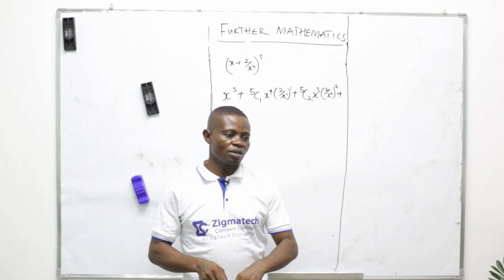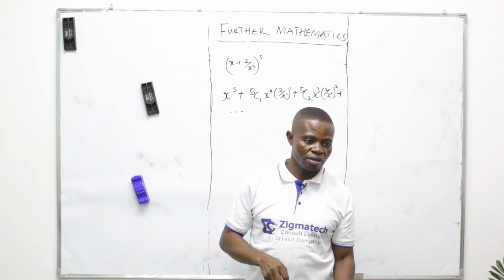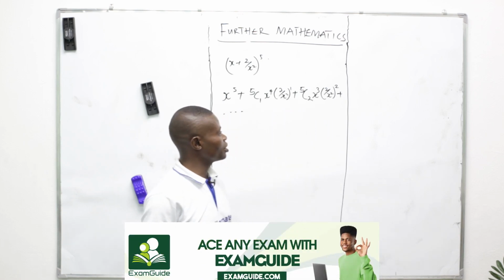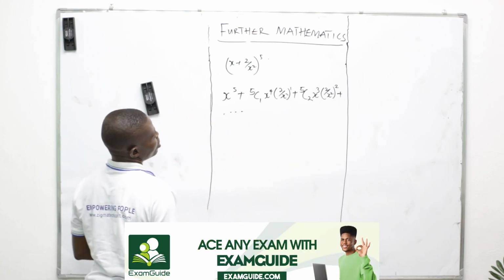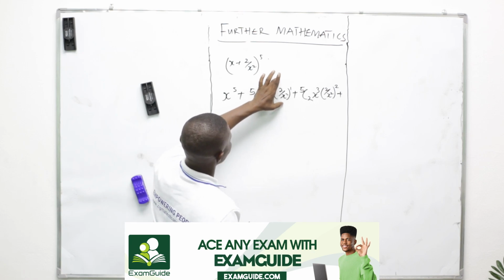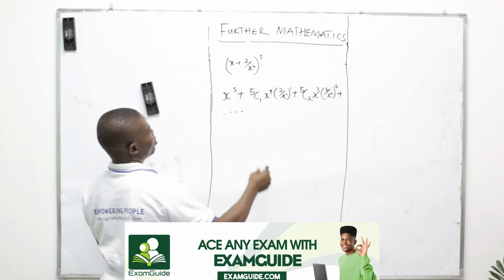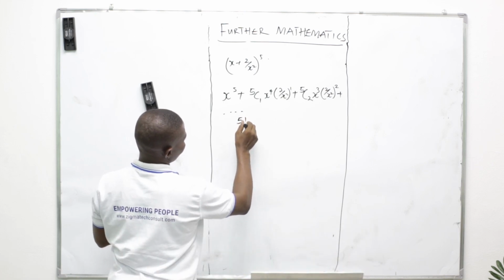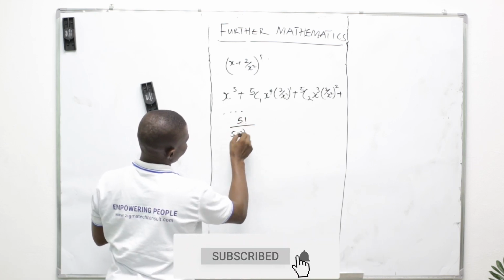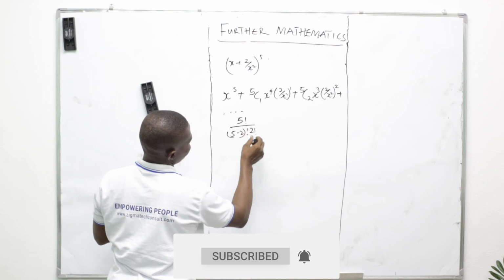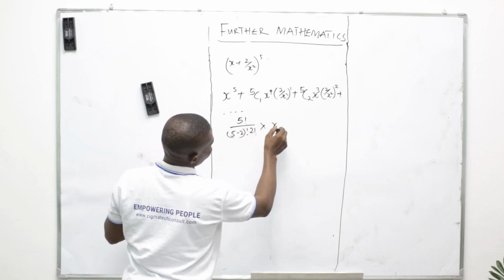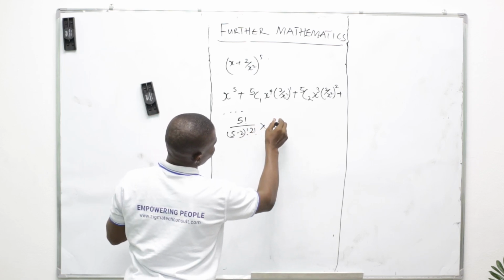The interest is just the coefficient of x squared. Where the x starts to increase, it is at this point. So 5 combination 2 means 5 factorial all over 5 minus 2 factorial into 2 factorial times x to the power 3.